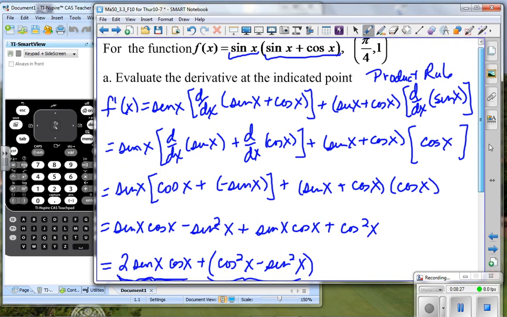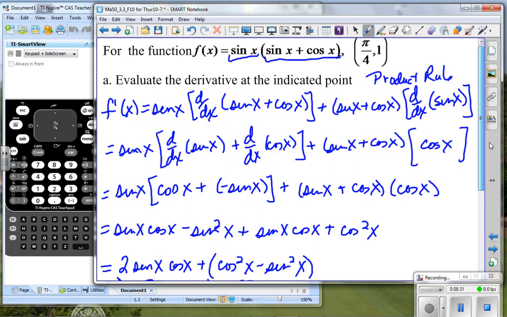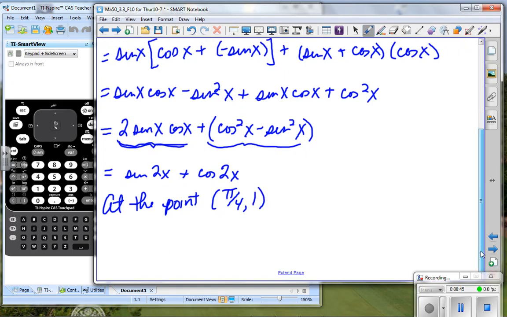It says evaluate at the given point, and the given point is pi divided by 4 and 1. So at the point pi divided by 4 and 1, we need to evaluate our derivative.